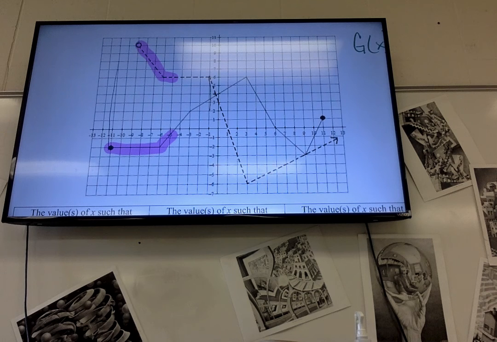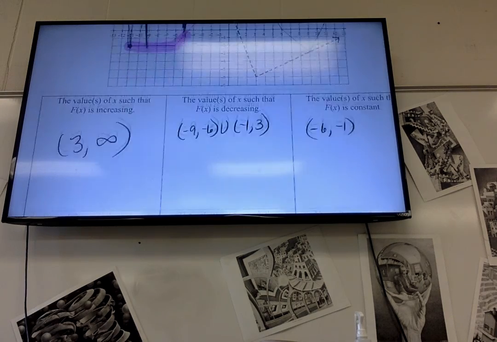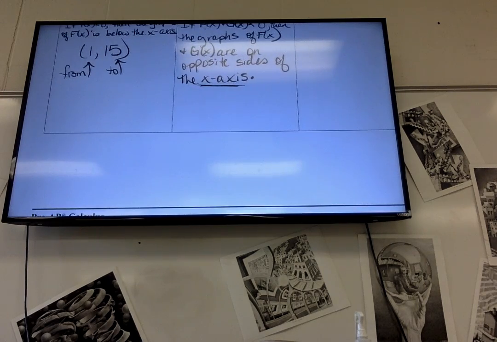Why? It's not a part of this graph, but I can go from negative 9 to this point right here, which is negative 5. So from negative 9 to negative 5, the pink lines are on opposite sides of the x-axis. So I would say negative 9 to negative 5.